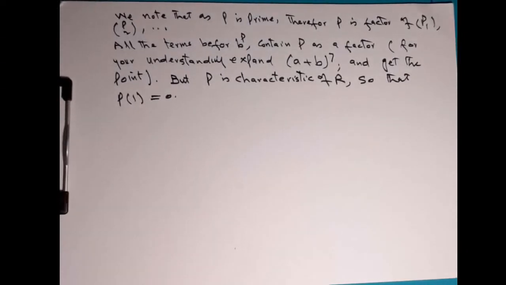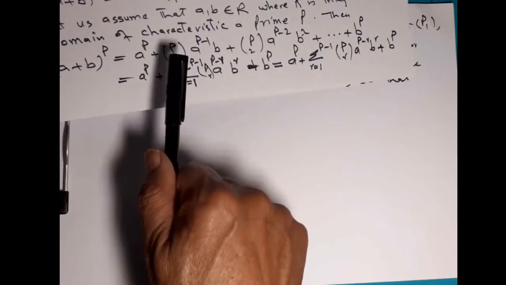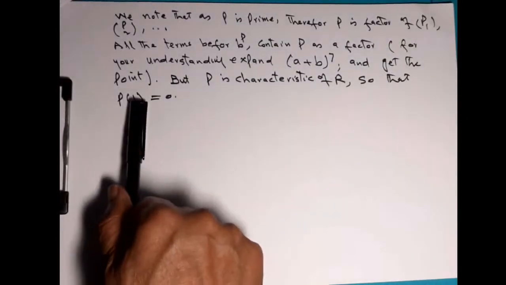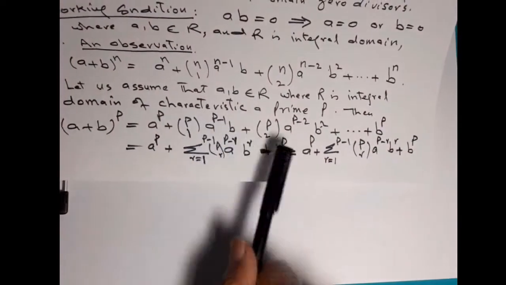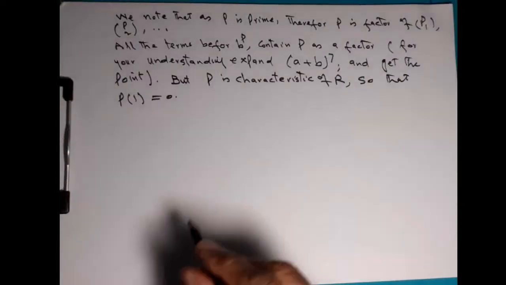So having this observation, note that each of these terms is going to have P as a factor, and you can write that P as P into 1, and that P into 1 will be equal to 0. So all these terms will vanish.